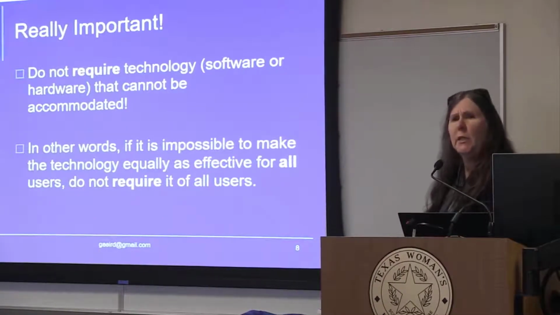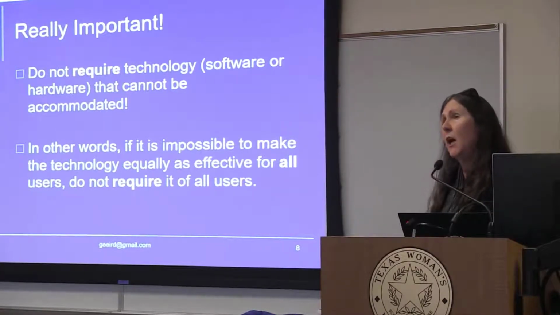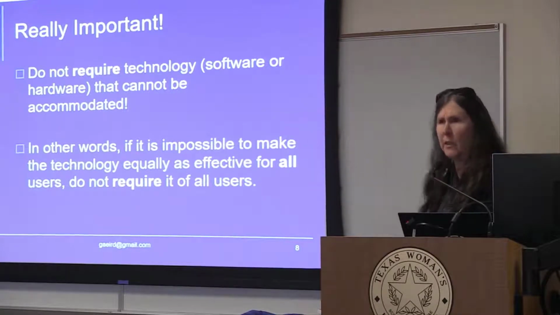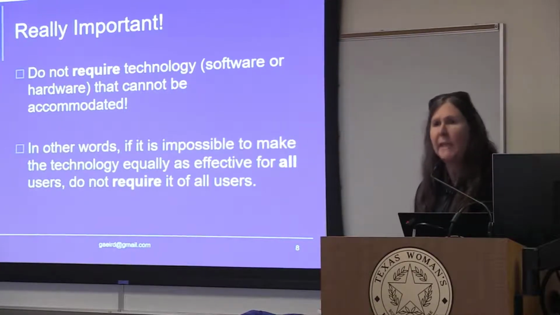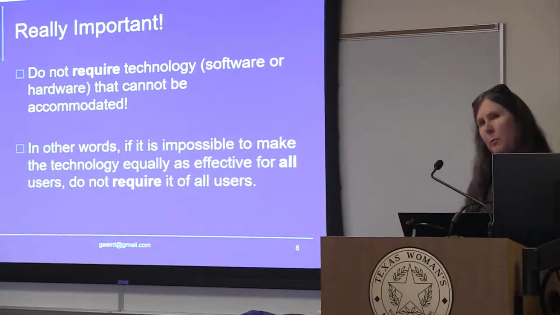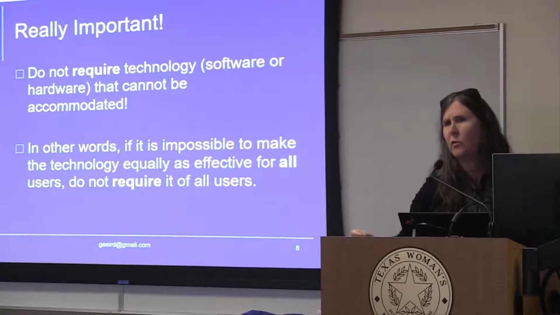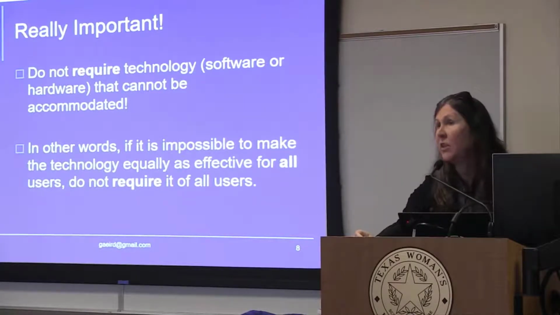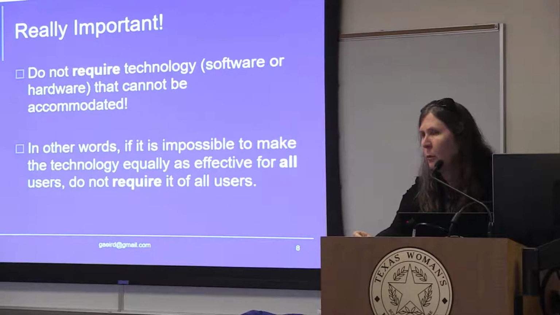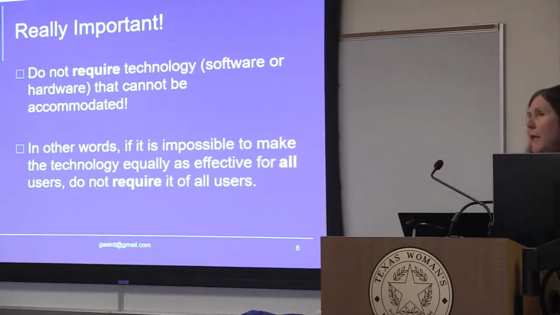But where we really get into issues is there is some technology I cannot accommodate in even a slightly effective way. Forget equally effective. I can't even make it come close. And that's where we really get into problems. Because if you are requiring, and that's the key word here, if you are requiring students to use this piece of technology that they basically cannot use, we just sort of slammed the door in their face and said, oh, well, you poor person with a disability, I guess you just can't do whatever it might be.